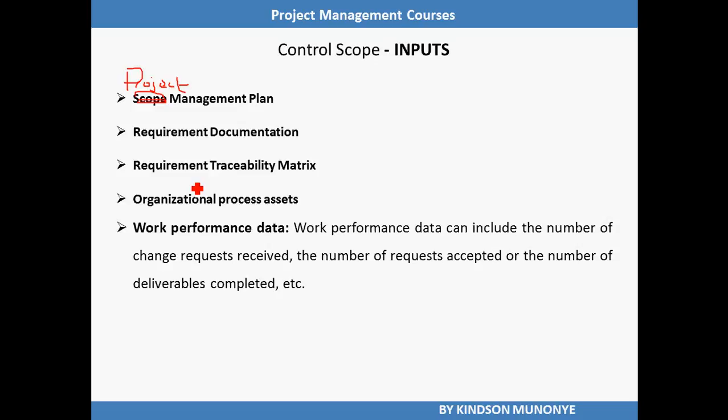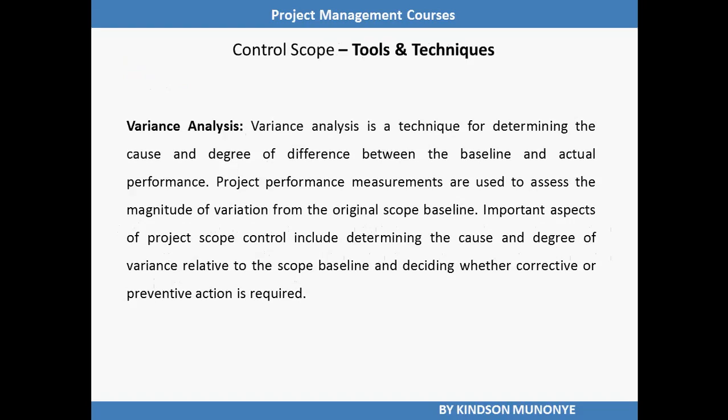Alright, let's now look at the only tools and techniques. We are saying that we have just one, but we are using tools and techniques, plural, and then we just have one. That is how it's presented in the PMBOK guide. Variance analysis is a technique for determining the cause and degree of difference between the baseline and actual performance.